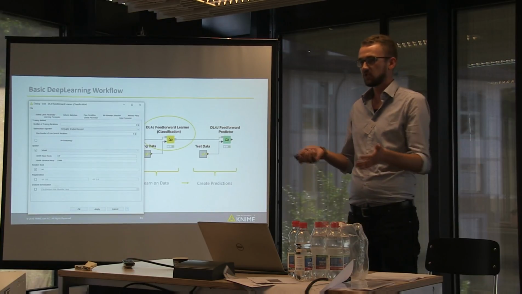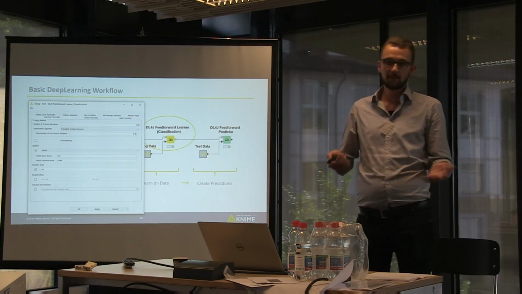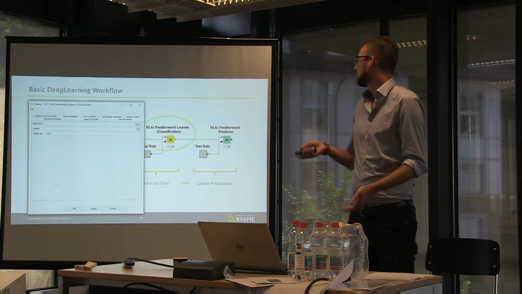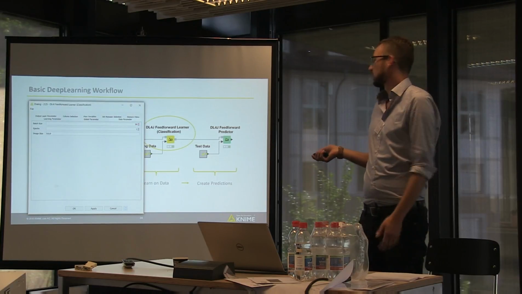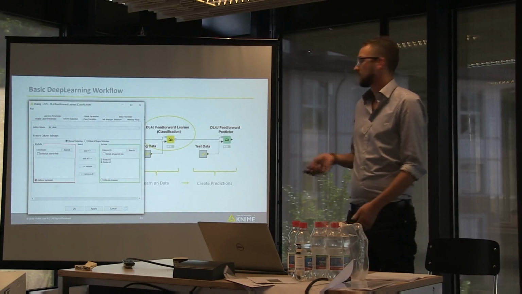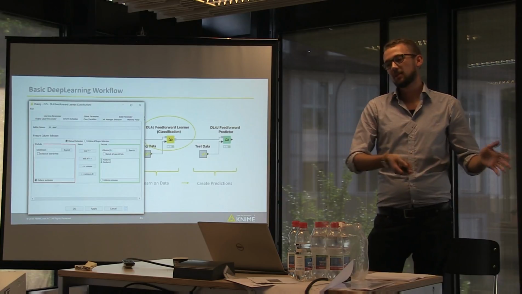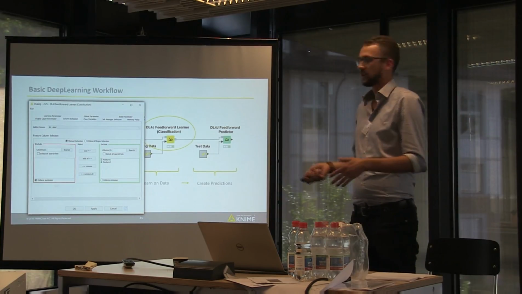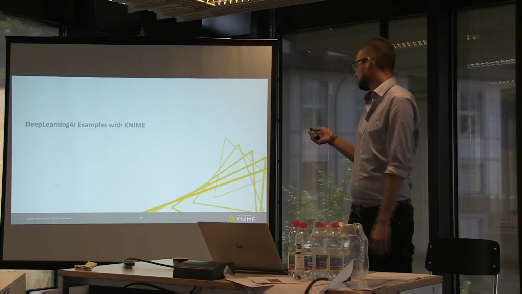Here you can specify the learning parameters, for example the optimization algorithm or the updater to use. Then of course the size of the mini batches or the number of epochs it should train on. There you would also choose your feature columns from your input table which are used for learning, or in this case for classification also the label column.